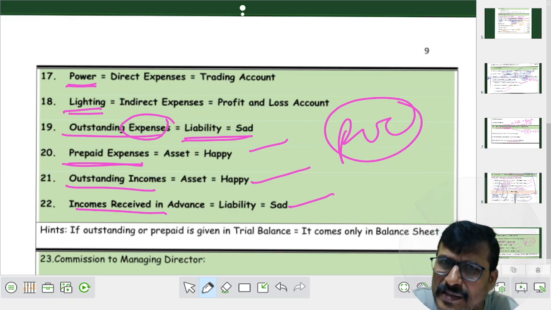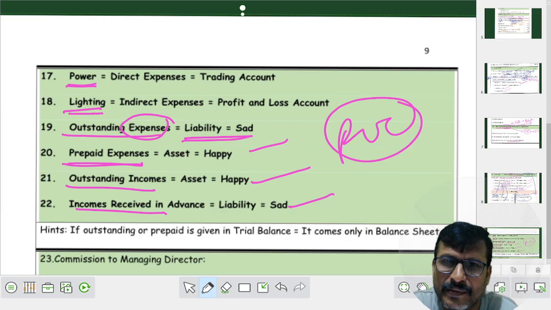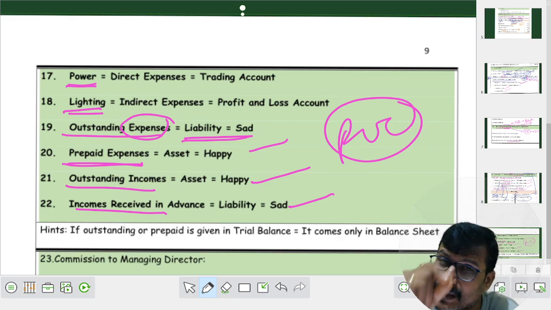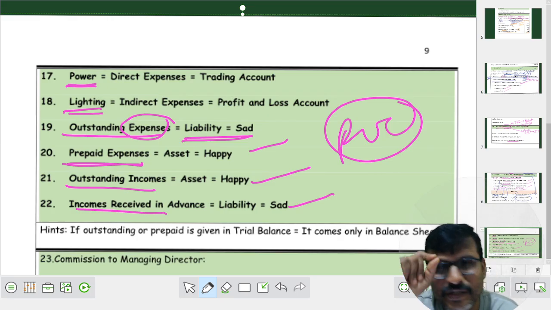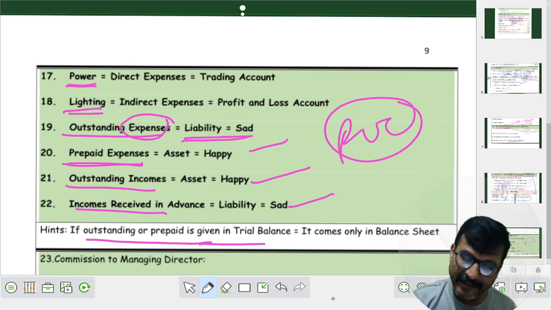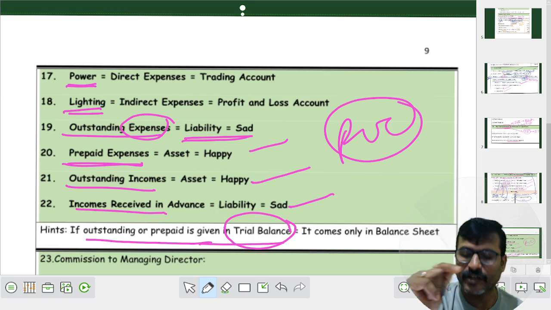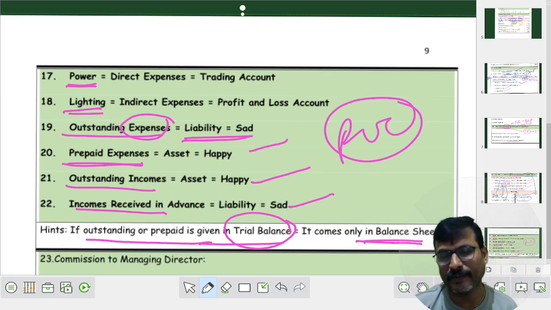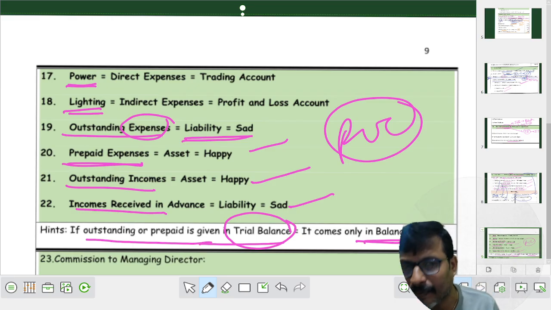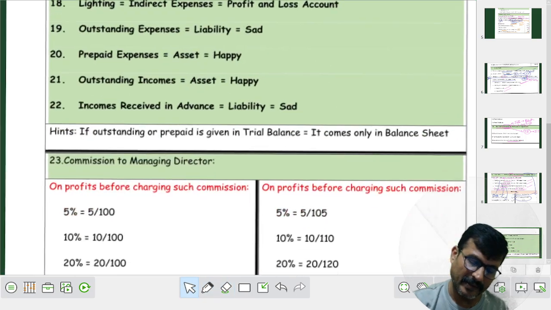If outstanding or prepaid is given in the trial balance, it comes only one time, right? In such case, it is to be recorded in the balance sheet only. Means we should not call it SAD or income or happy. We have to take only asset or liability if it appears in trial balance.